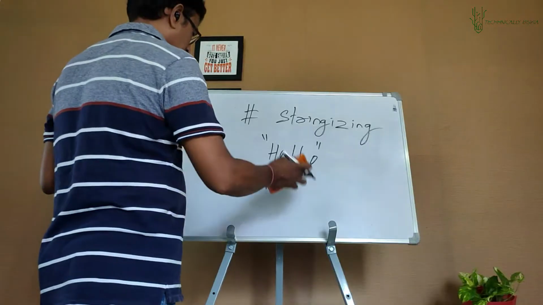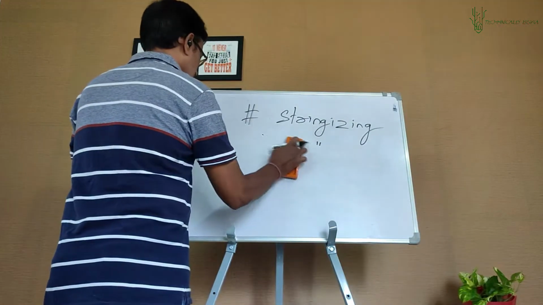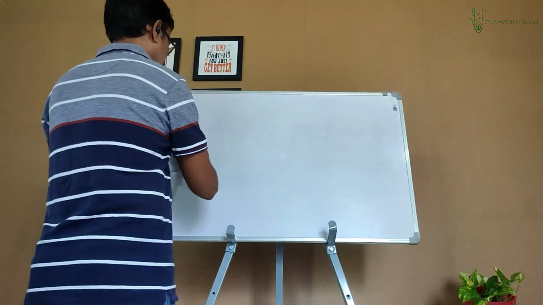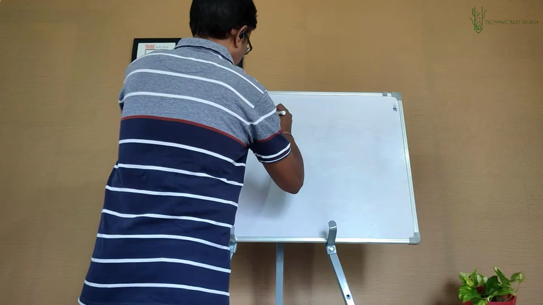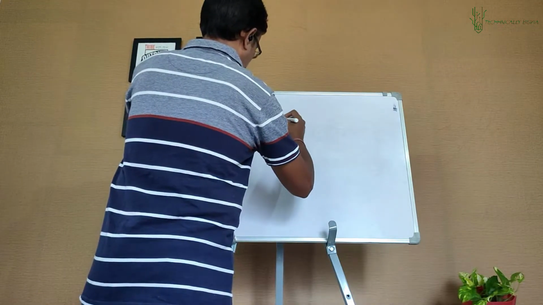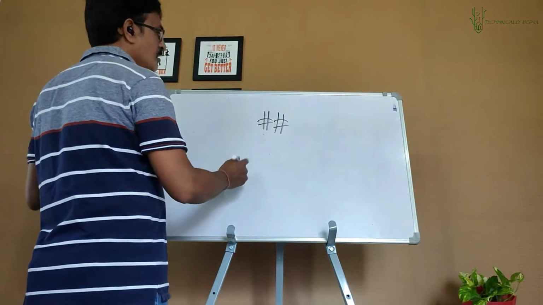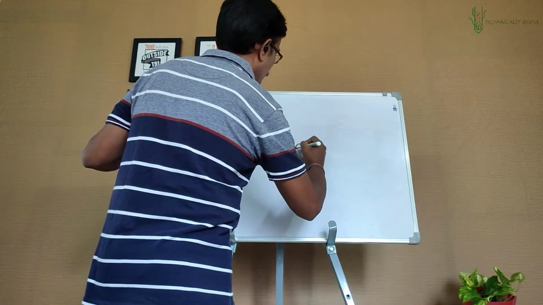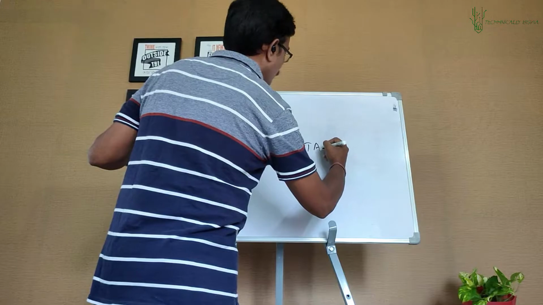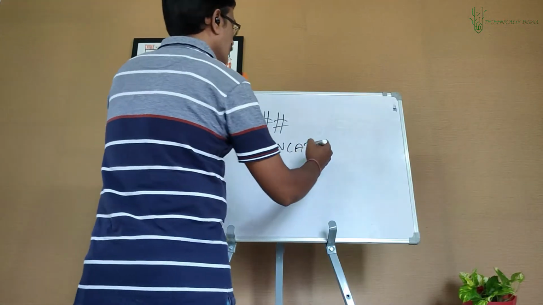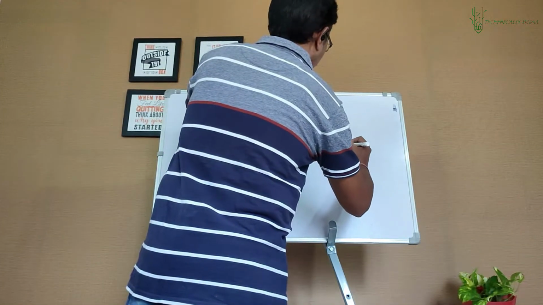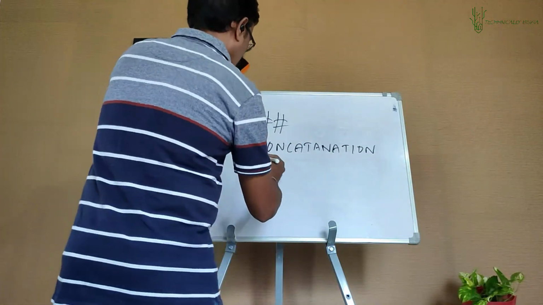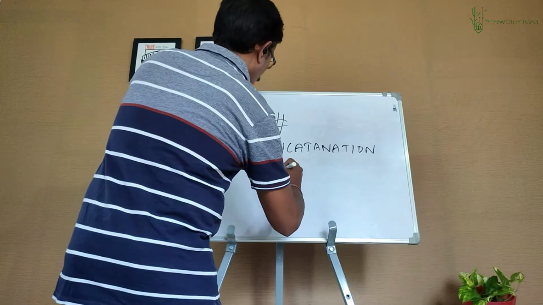Now there is another operator which is again used in case of preprocessor, that is double hash. This is called concatenation or token pasting operator. You call it concatenation, or you can also call it token pasting.